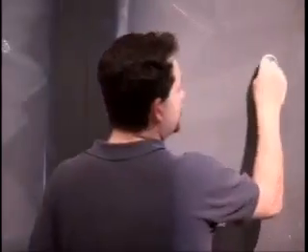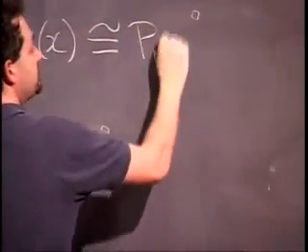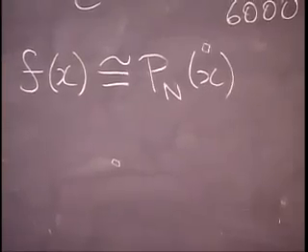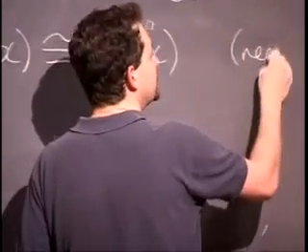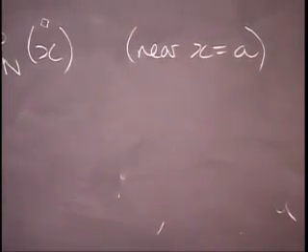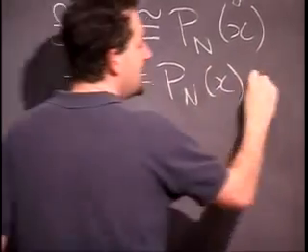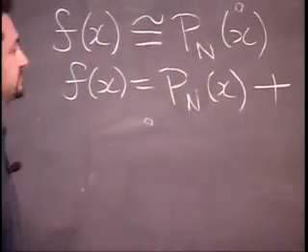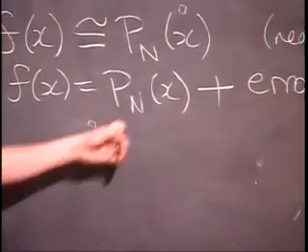So here it is. In general, this is what I like to write. I'm saying that f of x is approximately Pn of x. Pn of x is a good approximation to f of x, especially near x equals a. So what I'd like to do is write down f of x equals Pn of x plus a little bit, plus an error. But I better call the error something, and it's clearly depending on n.